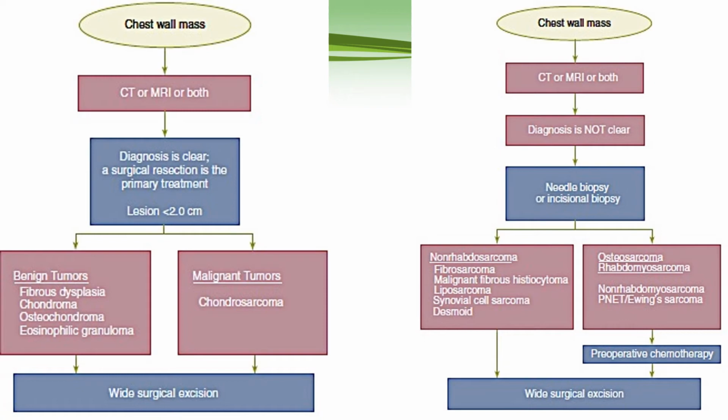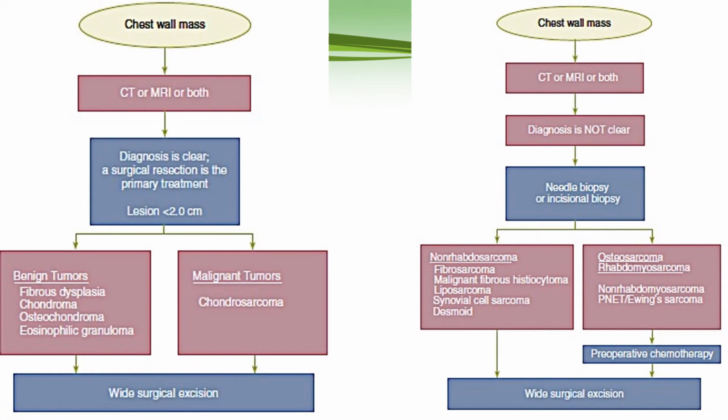The one on your right is an algorithm for unclear cases. So these ones would require a needle biopsy or an incisional biopsy prior to a wide surgical excision. Actually, both of them require wide excision, but the one on your right requires biopsy first prior to wide excision.